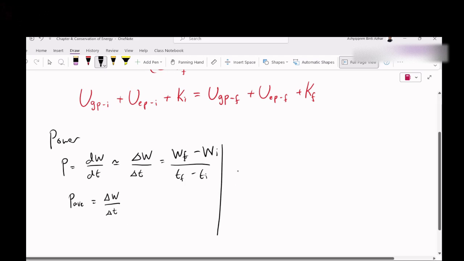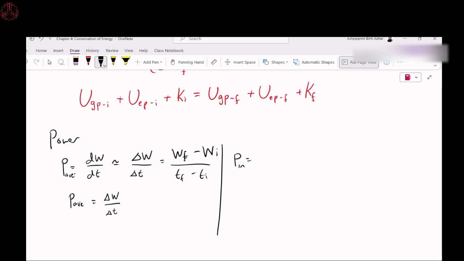Now, for instantaneous power, this is average and this is instantaneous. These are the two types of power that you need to work out. For instantaneous power, we look at work done, and we know that it is going to be equal to F s, right?